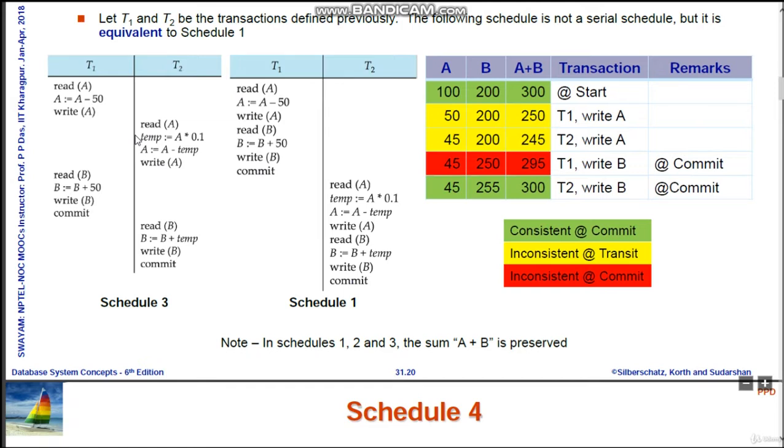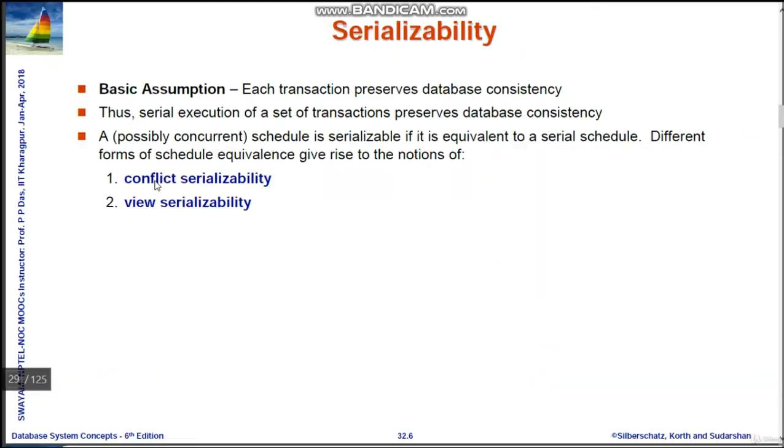It can be either, but we have to check whether this transaction is equivalent to a serial schedule. If so, then we say this concurrent transaction will be consistent. But if it is not equivalent to a serial schedule, then it is not consistent. Okay guys, that is what these two lines are saying.